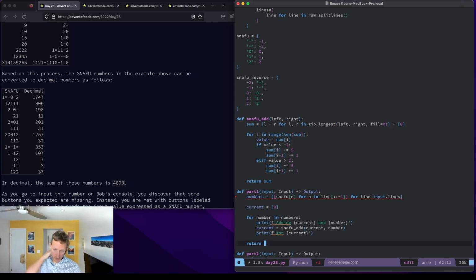So do a string join of snafu(n) for n in reversed(current), where we reverse it, -1, start on the left, and we do an lstrip of chars equals 0. So we strip zeros from the beginning. Okay.